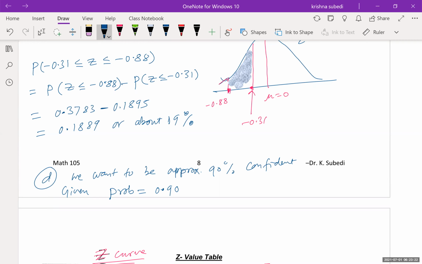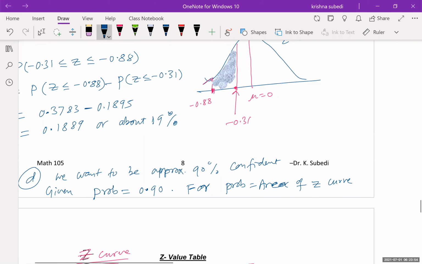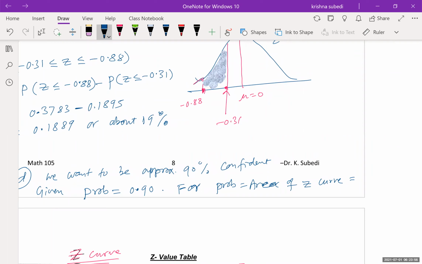If you change 90% into a decimal, that's what you get, 0.90. Which one is the closest value? Because we define probability as area, the area of the Z curve equals 0.90.